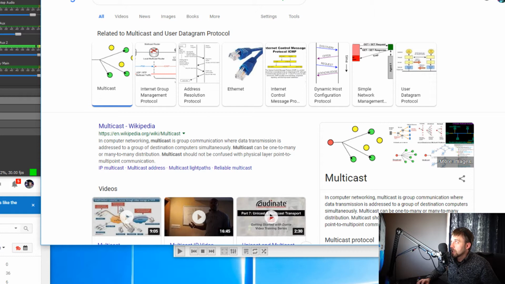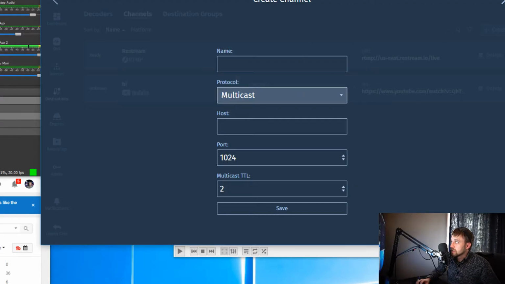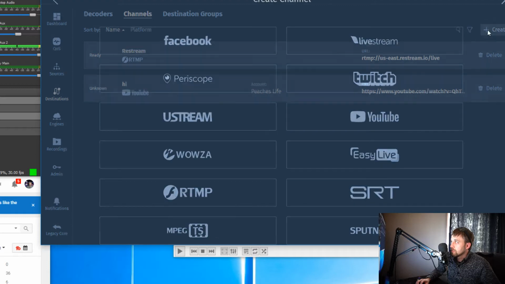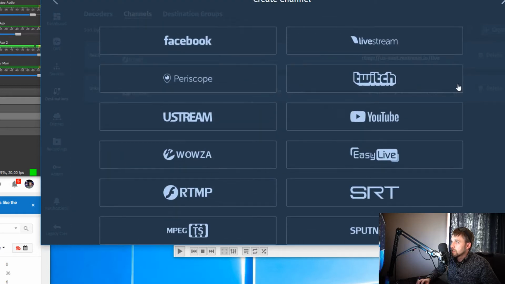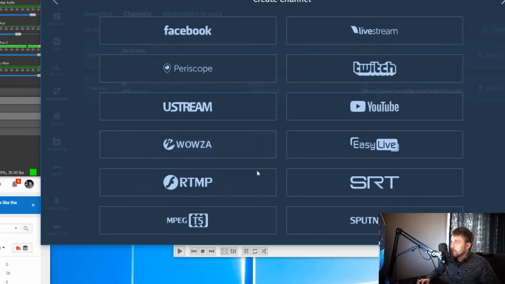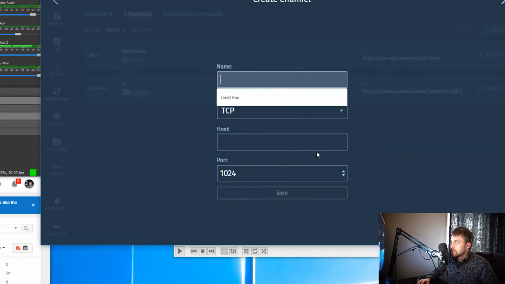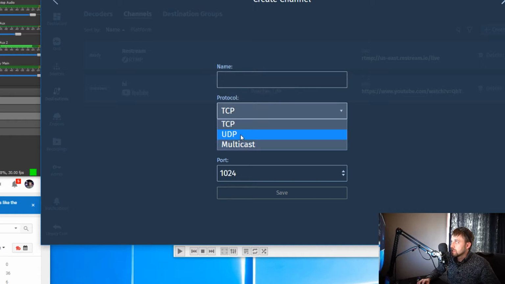Somehow I need to learn, because this is going to send it to the server direct. If I do create, I don't want to go to these. I need to control this from my end. If I can send it direct to my server, then I can click on TCP, UDP, and all that stuff.